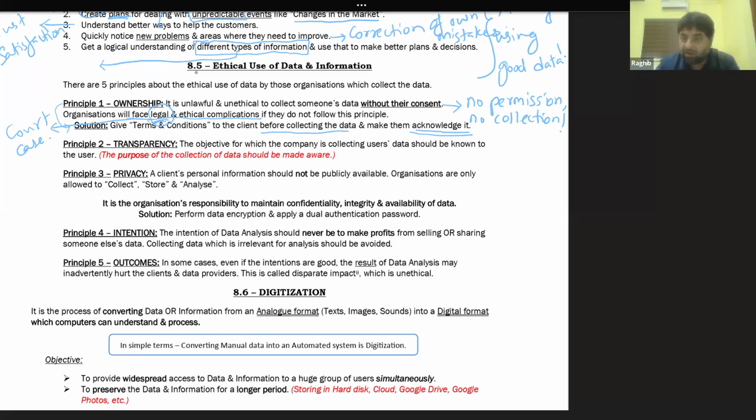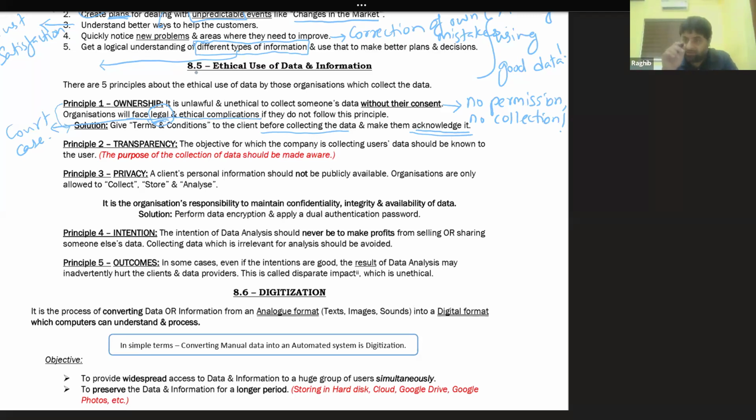Acknowledge means they should know that you are collecting the data, and you have to get their signature, because anything done orally does not have that much value unless there is some written substance attached to it. So when you are taking any data in an application form, you just write: this is used for administration purposes, and please kindly fill in the proper information.